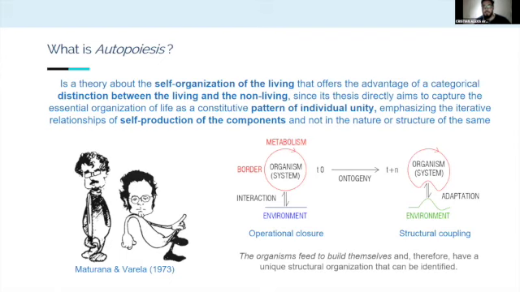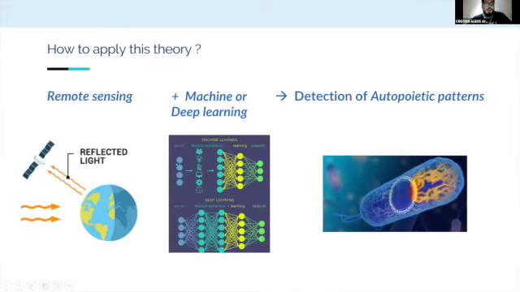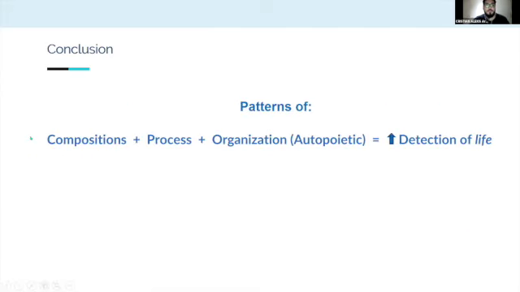In summary, the idea is that organisms build themselves, in simple words, and therefore have a unique structural organization that can be identified. How to apply this theory? My idea is to take remote sensing plus machine or deep learning technologies and use them for the detection of autopoietic patterns.